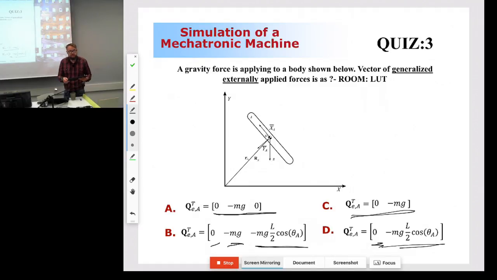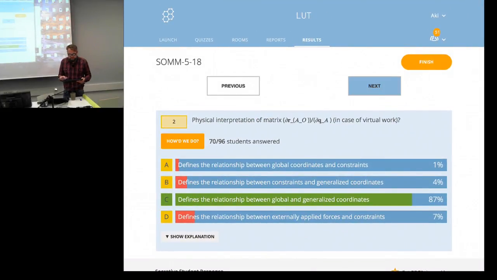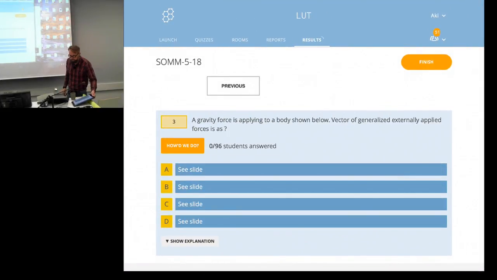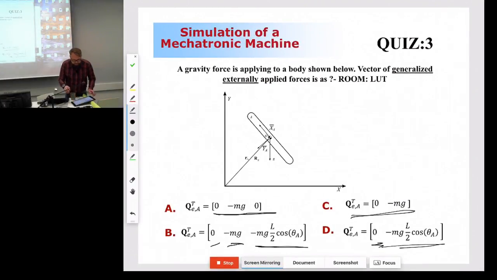Only one is correct. Which one is correct? You need to check the slide, so I need to put the slide back on. After this I have just one example, and then we're good to go home.